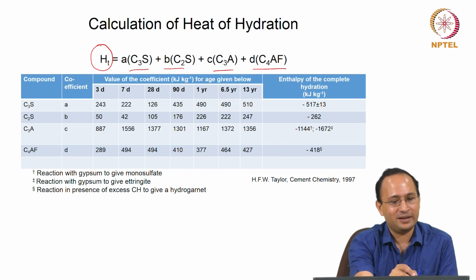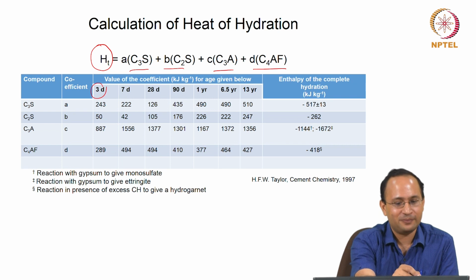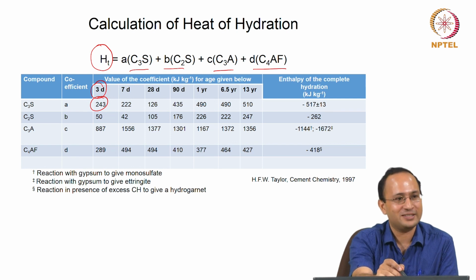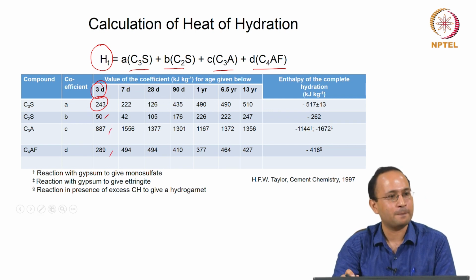So for an example, if you want to calculate the heat of hydration at 3 day, what you do? You take the coefficient as 243 for C3S, right. If you know the C3S, suppose you have 55%, then if you know how much C3S you have, C2S, C3A, C4AF, so you know this. Now you just use the coefficients to calculate the total heat of hydration. Is it clear?